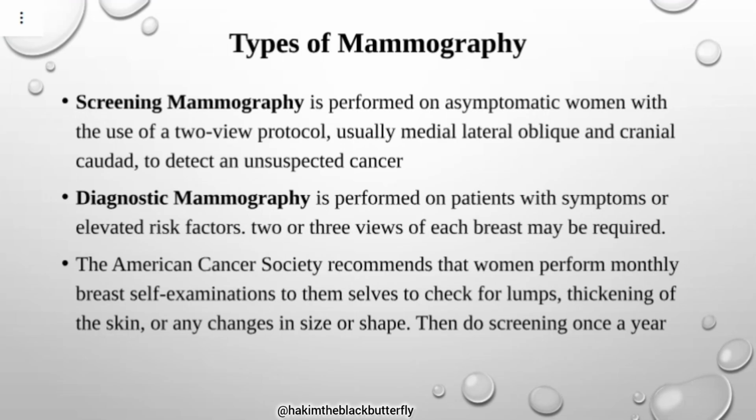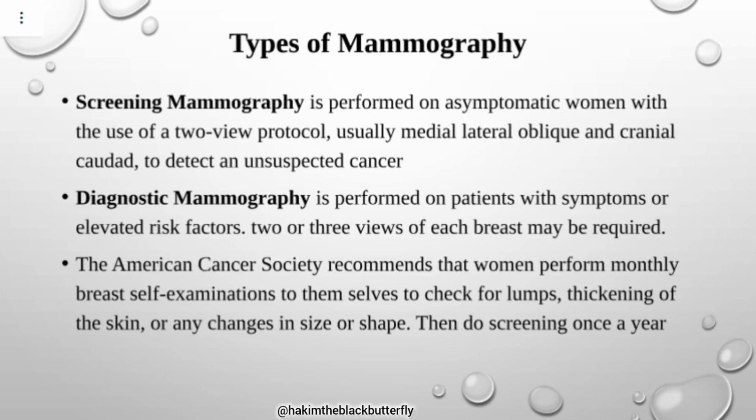So mammography is categorized into two: screening mammography and diagnostic mammography. Screening is performed on asymptomatic women, women that don't show any symptom of any disease in the breast, but have just gone to the facility to verify whether there is anything or not.